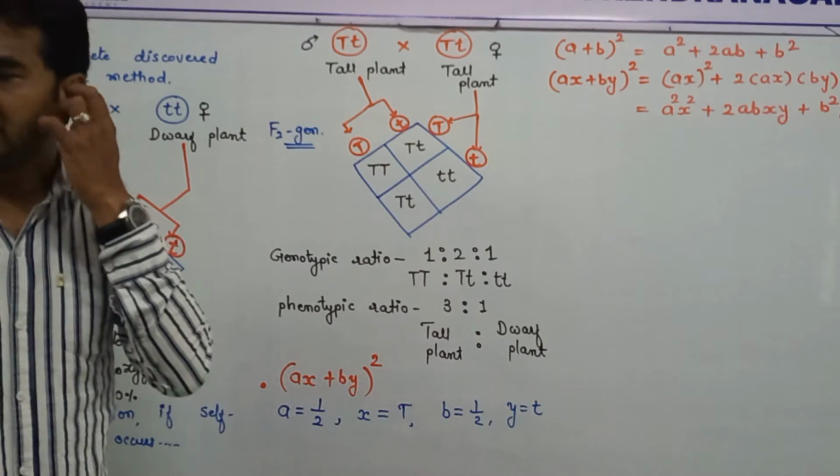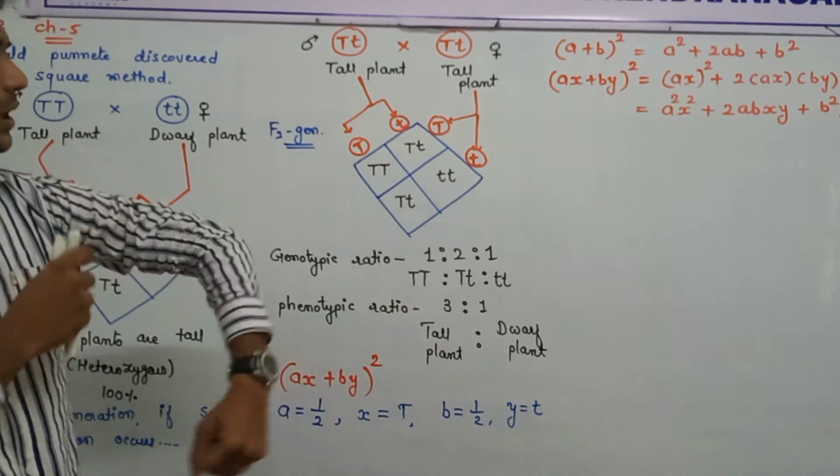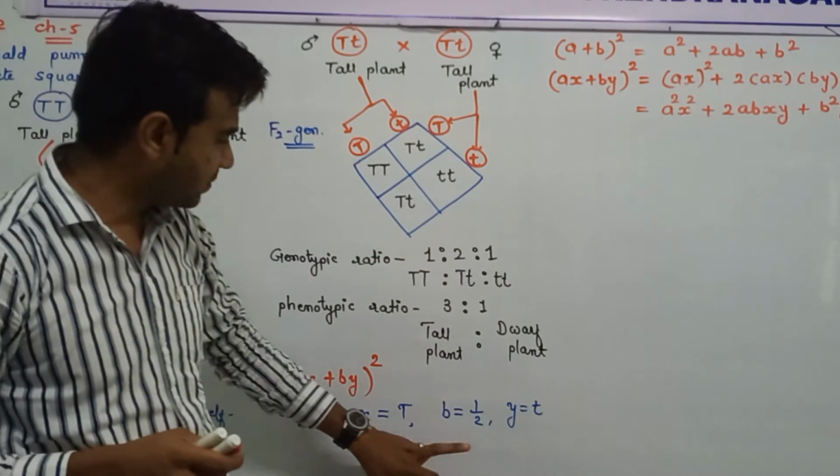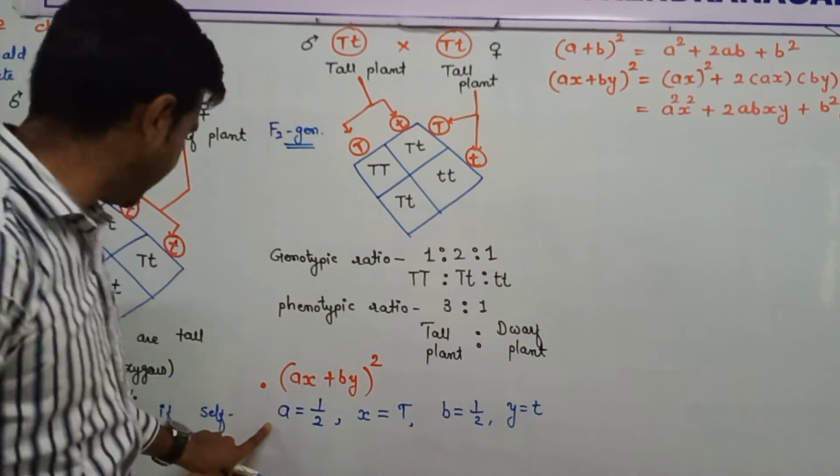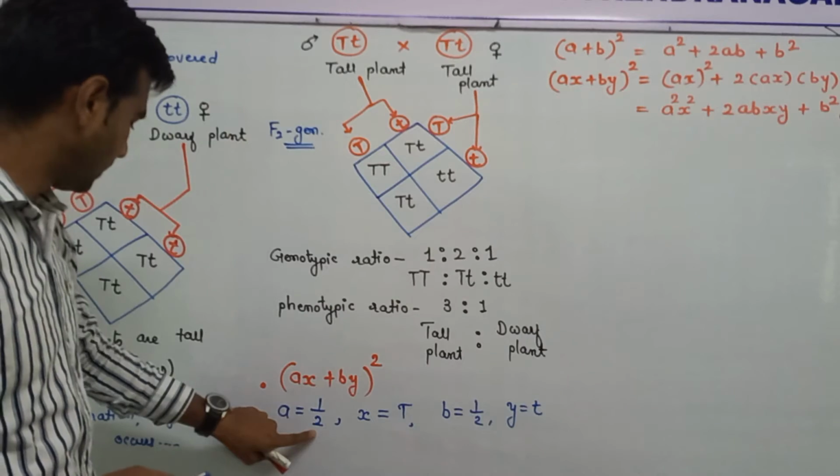Clear? Now put the value of A, X, B and Y here. So A value is 1 by 2. Fine.